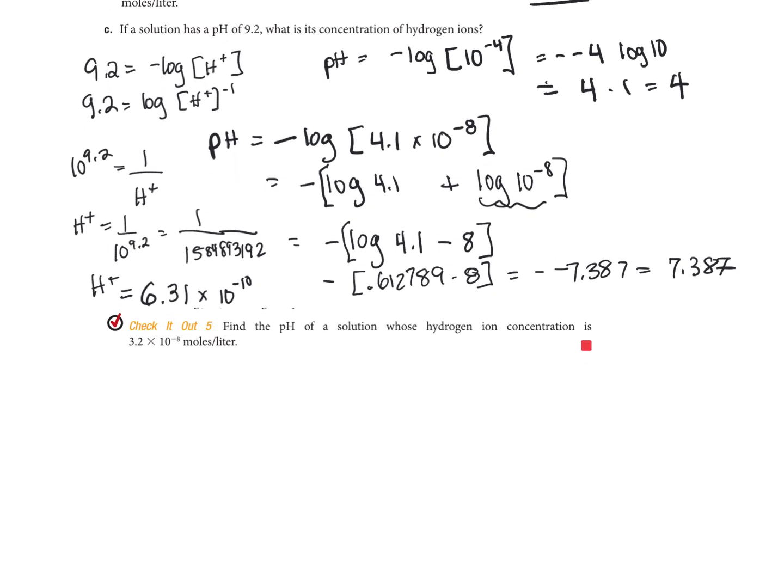Find the pH of the solution whose hydrogen ion concentration is 3.2 times 10 to the -8. So again, we're just going to use our formula that says this is log of 3.2, and we're adding, I'll just write it out quick.